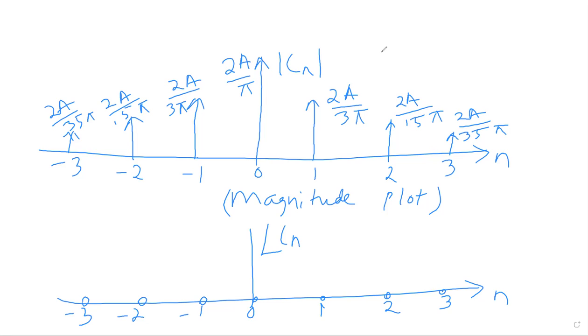Even you can draw a dotted line on the right side, saying that for all the positive values and all the negative values, this may continue. You can label the second one as the phase plot.